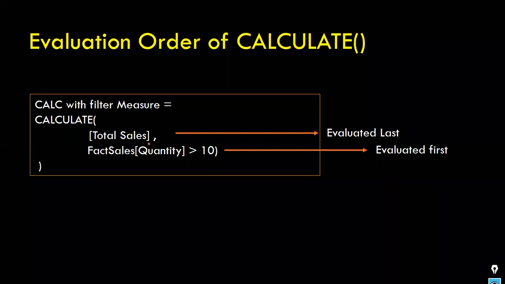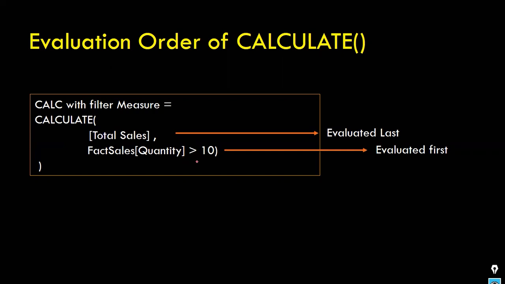And then the expression will get evaluated. This is the one you need to understand very clearly. In the case of the calculate function, the expression is always the last portion to be evaluated. First the filter will get evaluated, and then the expression.